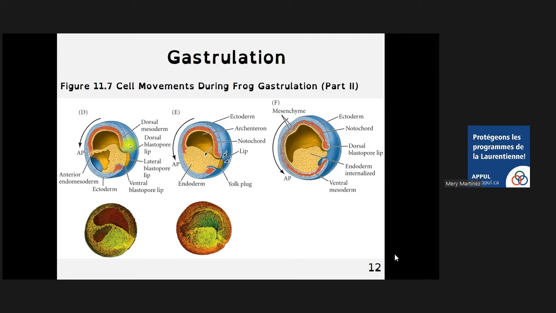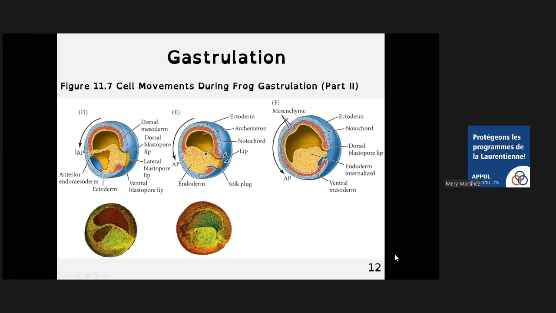So we have now the dorsal blastopore lip, which is the point at which the cells start invaginating to form the archenteron, and the opposite end now becomes the ventral blastopore lip. Okay. The cells making up the lip of the blastopore are constantly changing as they move to the inside.